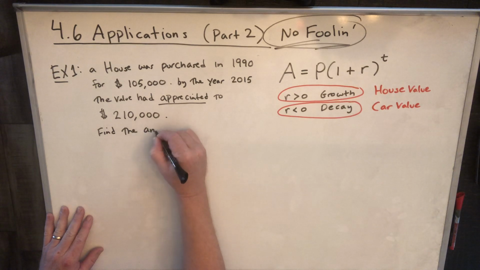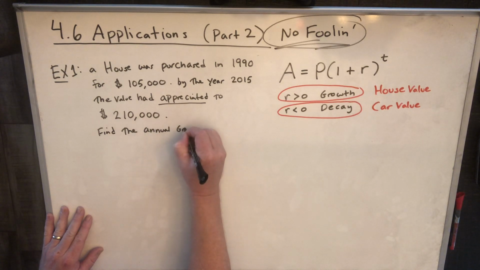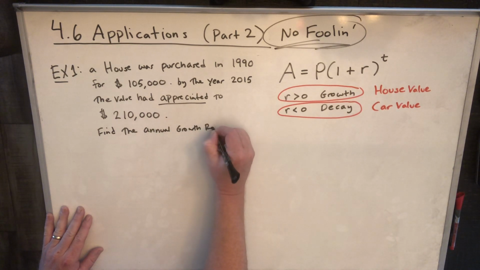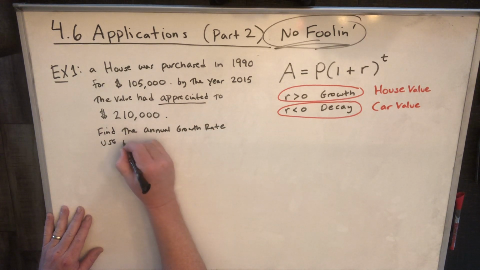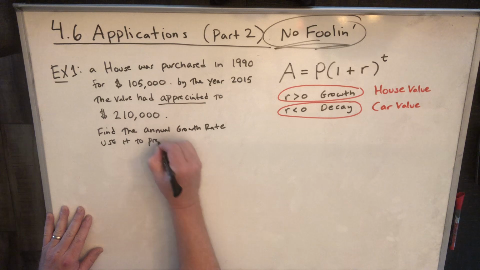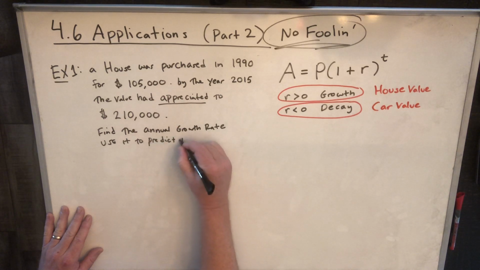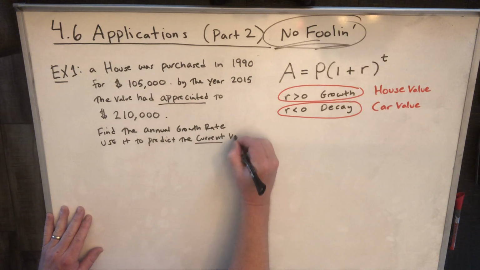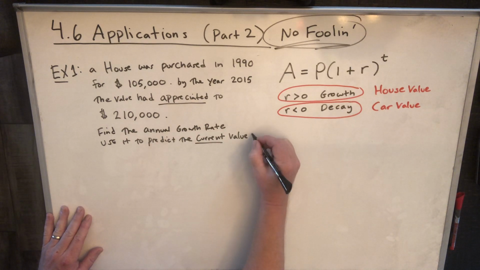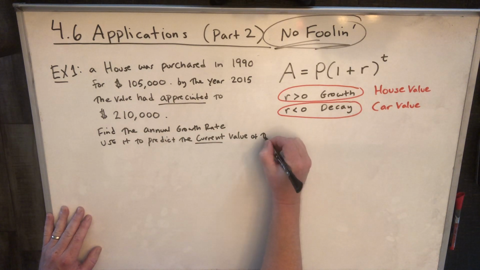Find the annual growth rate, and use it to predict the current value of the house.